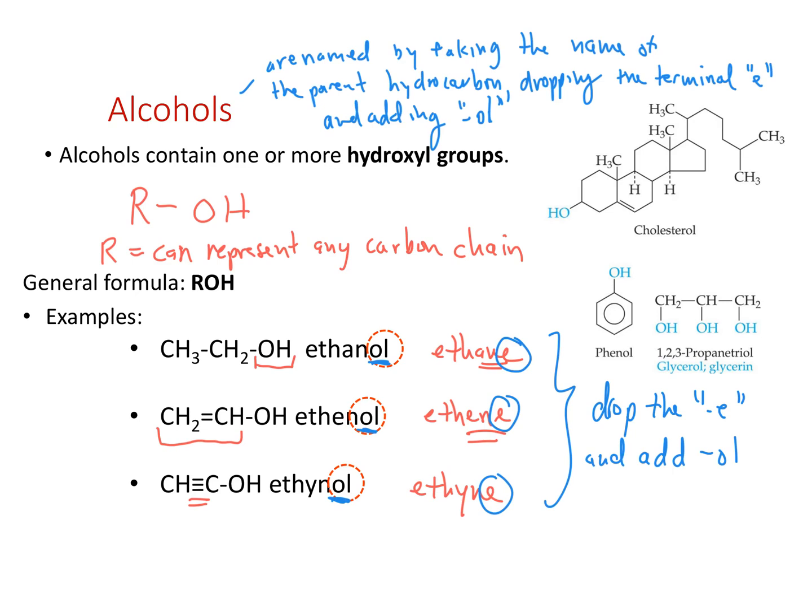And we can see that even over here in larger alcohols, things like cholesterol end in an OL. If you've ever heard of retinol, that OL ending for retinol, just like the OL ending for cholesterol, is telling you there's a hydroxyl group present, there's an alcohol present in that molecule.